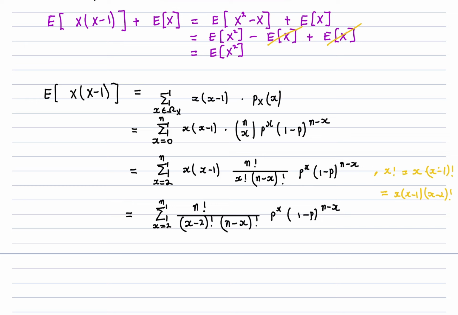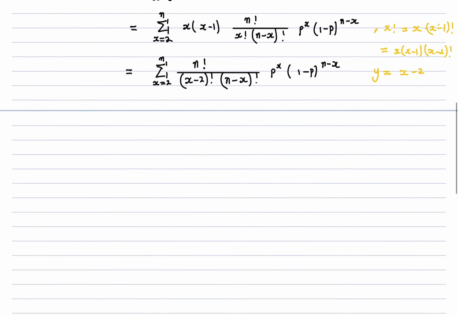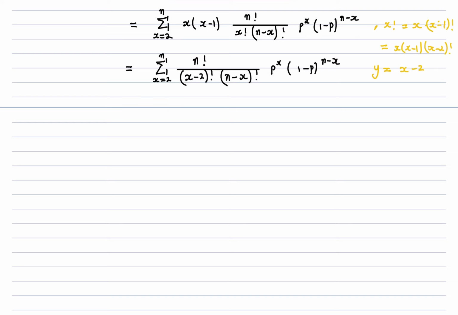Again, we're going to make a smart substitution here. The smart substitution is that this X minus 2 we're going to label as our Y. So Y becomes X minus 2. This gives our next part of the expression. Apologies, now we've got to change the terminals, of course.